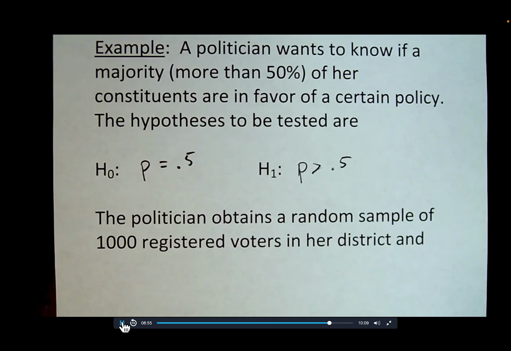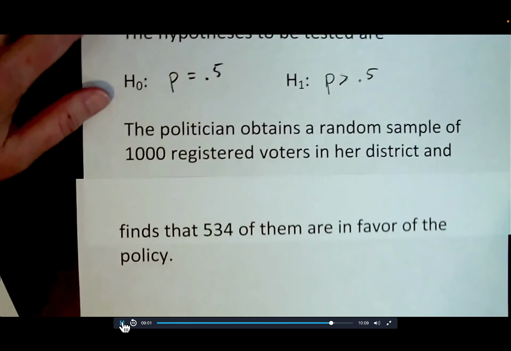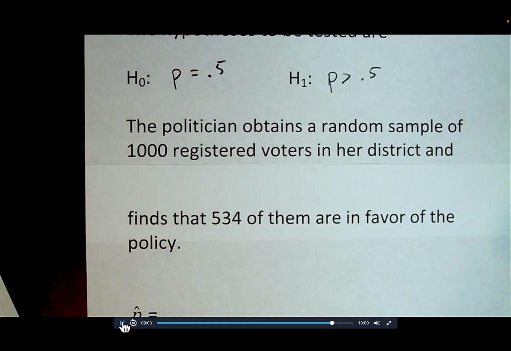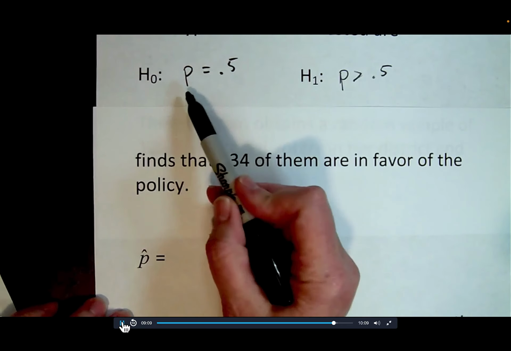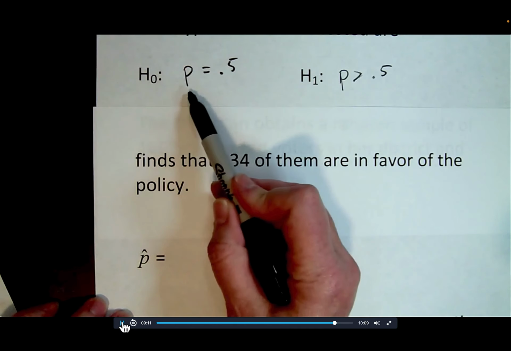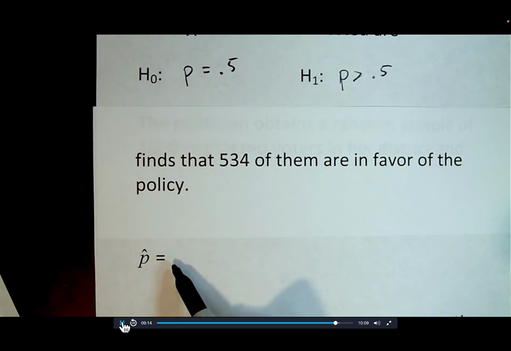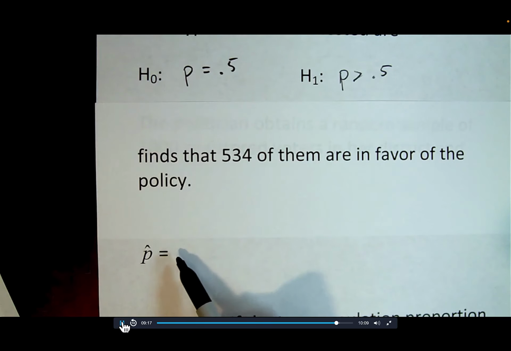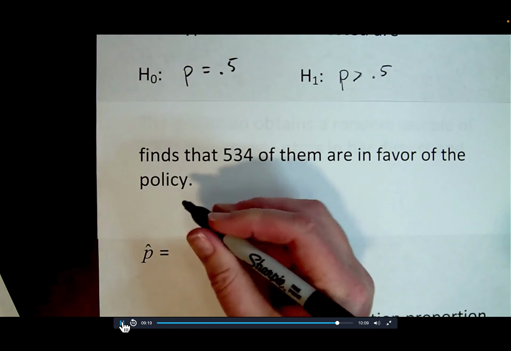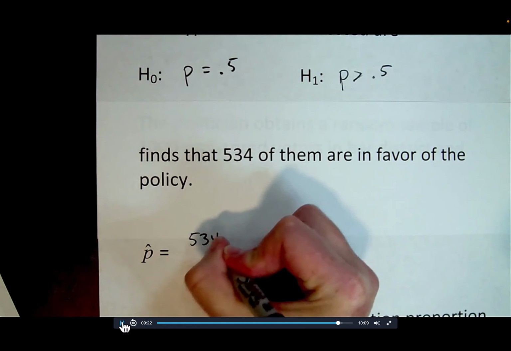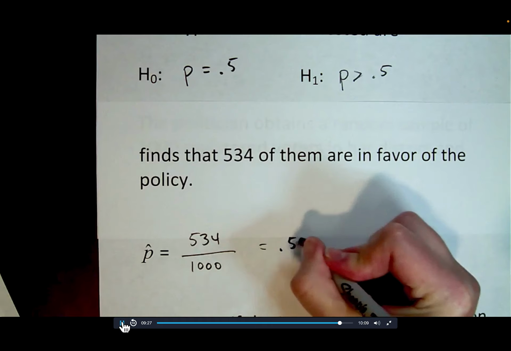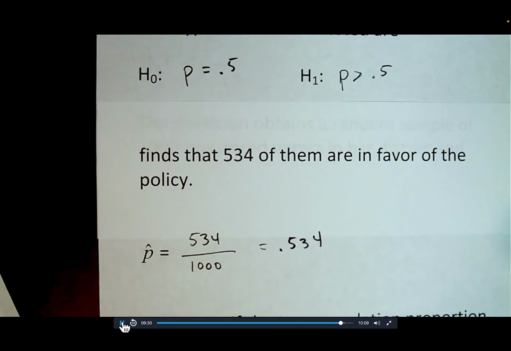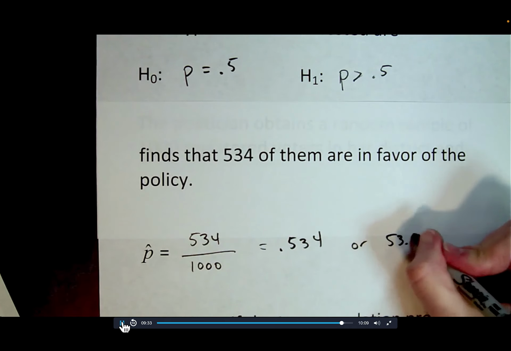Okay, the politician obtains a random sample of 1,000 registered voters in her district and finds that 534 of them are in favor of the policy. So we don't know what p is, that's what she wants to investigate. She's at least got a point estimate now for the population proportion. For this sample, she has that 534 out of 1,000 are in favor, which gives her a point estimate of 0.534, or 53.4%.